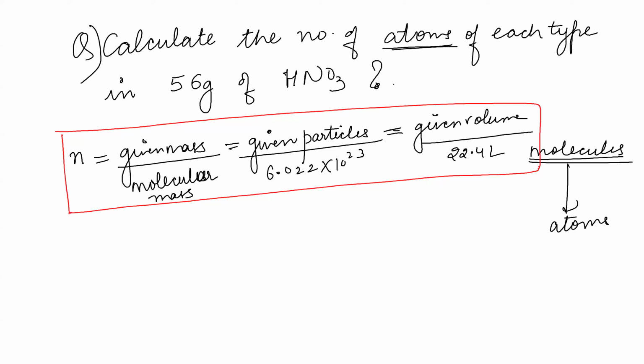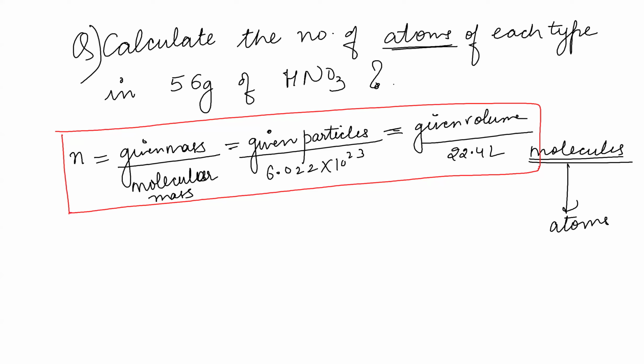Answer divided by 5, then there's 1.07 times 10 to the power 23 particles of hydrogen.